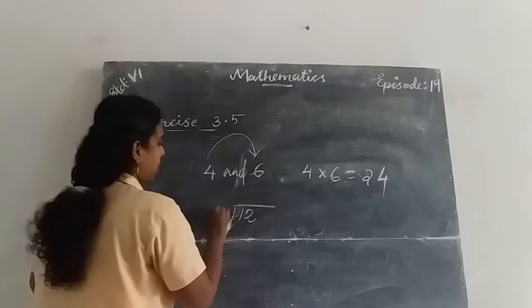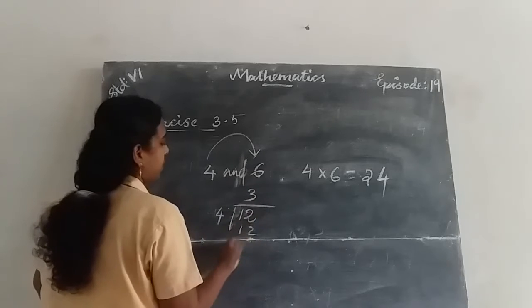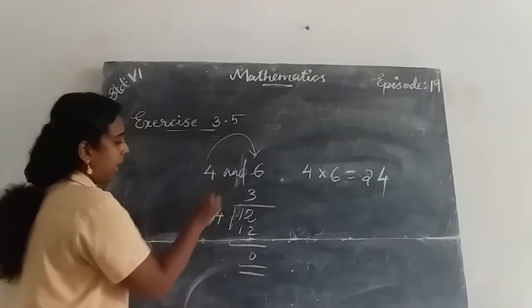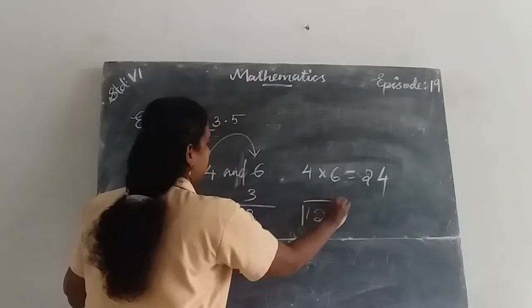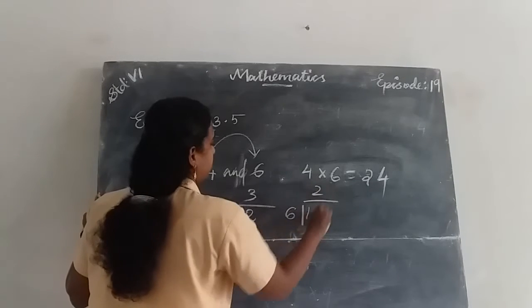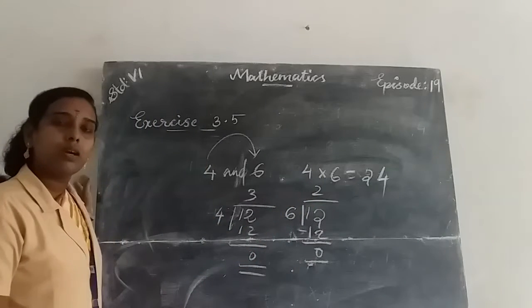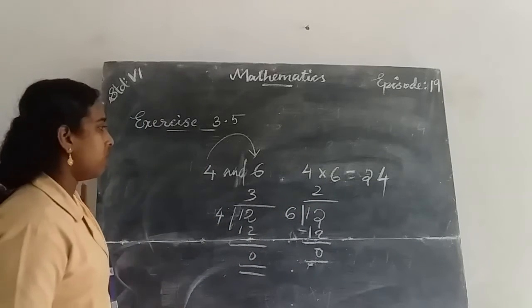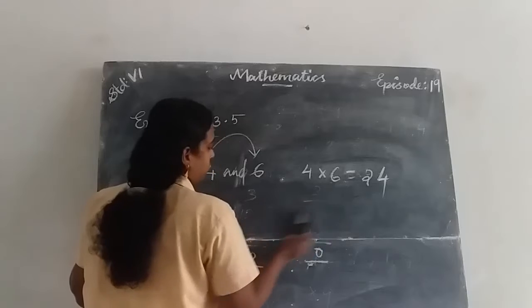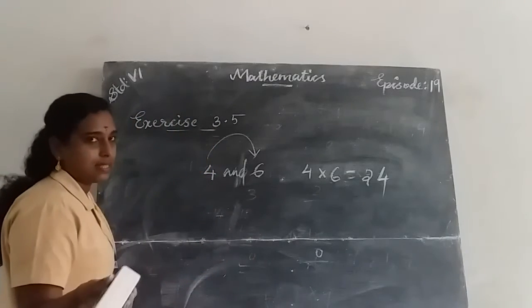If we divide 12 by 4, we get 3, 4 threes are 12. Then we get the remainder 0. And also 12 is divisible by 6. Okay. 2 sixes are 12. But 12 is not divisible by 24. Okay. 12 is not divisible by 24. So it is not necessary.